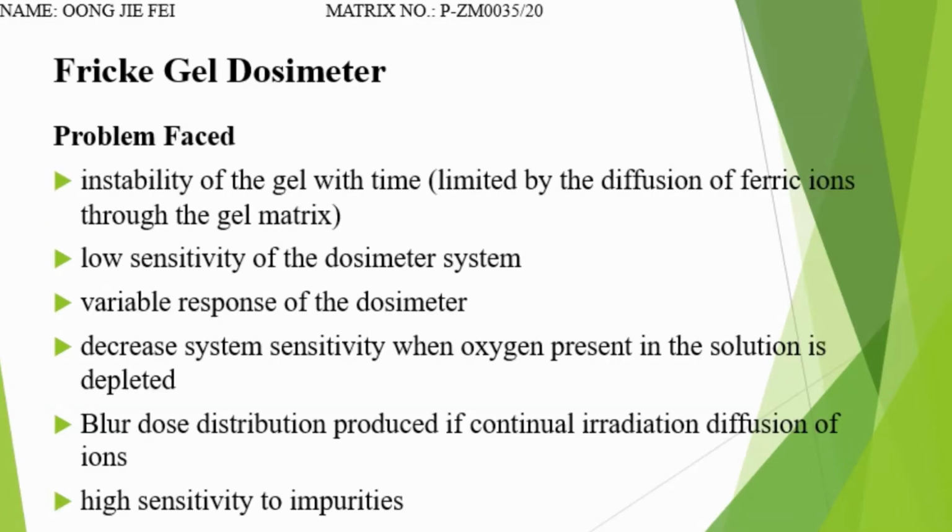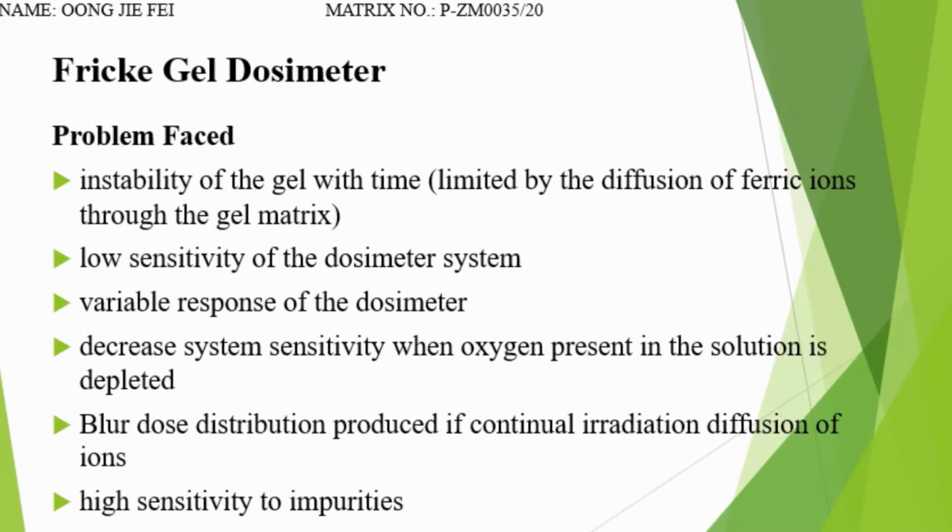In this Fricke gel dosimeter, there are some problems faced, such as instability of the gel with time, limited diffusion of ferric ions through the gel matrix, low sensitivity of the gel dosimeter, variable response of the dosimeter, decreased system sensitivity when oxygen present in the solution is depleted, blurred dose distribution produced if continual irradiation, diffusion of ions, and high sensitivity to impurities.